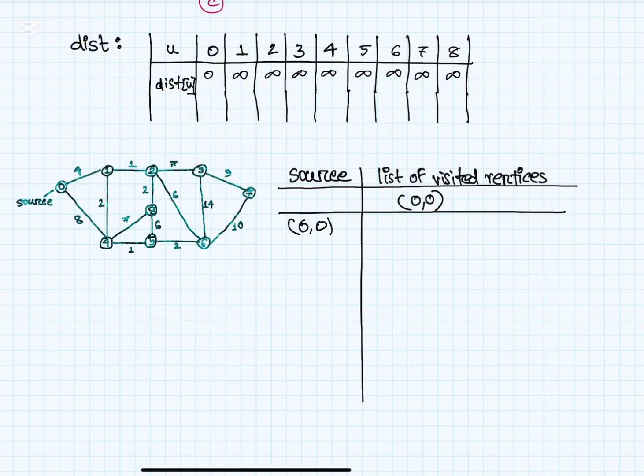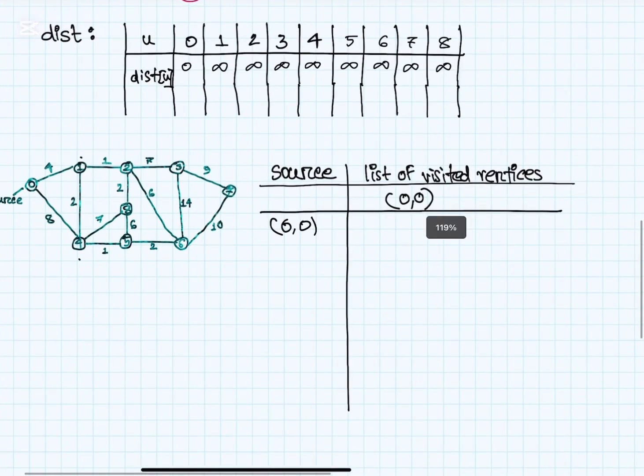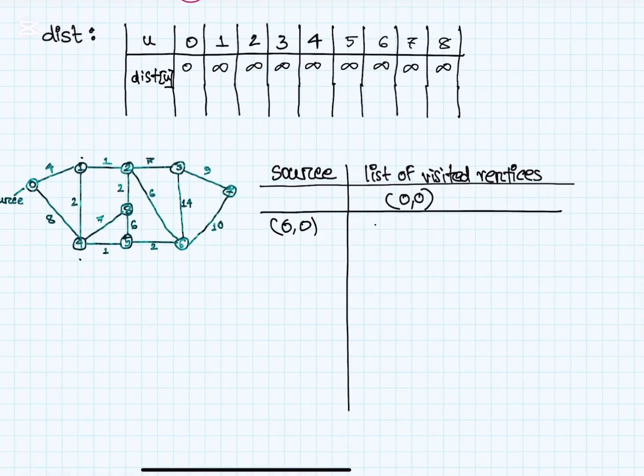Now the adjacent vertices of 0 are 1 and 4, and the distance of 1 is 4 and the distance of 4 is 8. Between these two, 1, 4 is smaller since the distance is smaller.